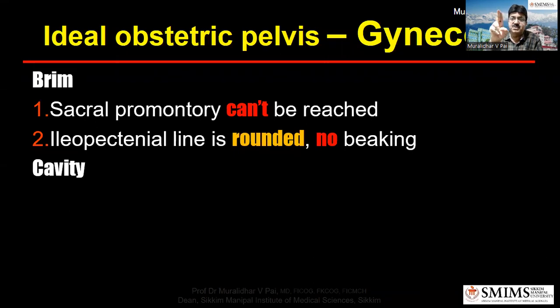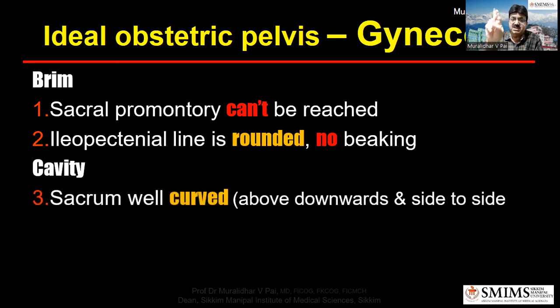The next thing I have to do is just sweep across the sacrum. So when I sweep across the sacrum, it has to be well curved above downwards as well as sideways. If it is flat, that's the time you get that semicircle. So sacrum is flat and then you get the rest of it round. If it is semicircle, there can't be rotation at the mid cavity.